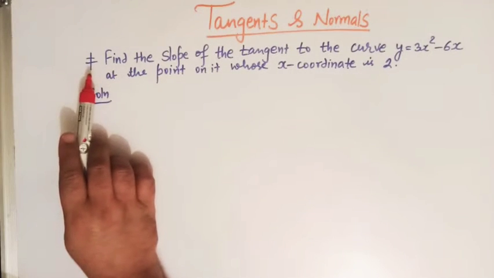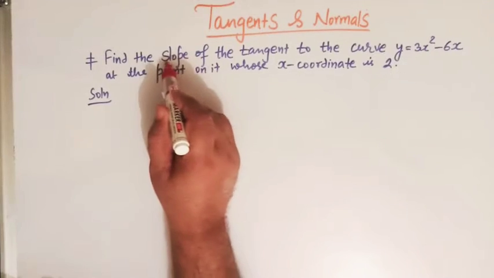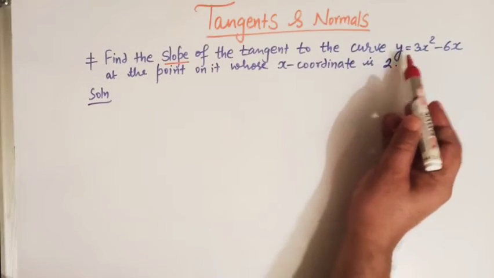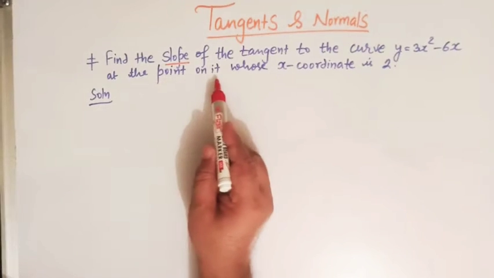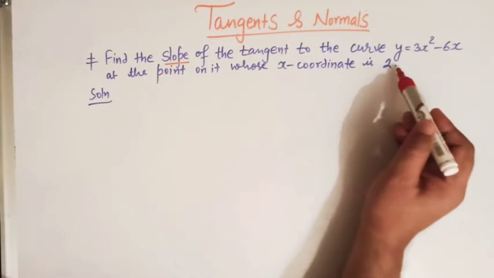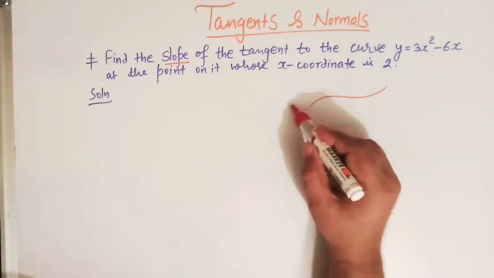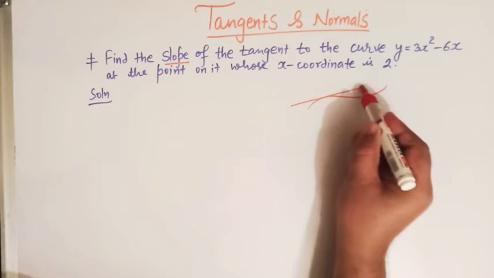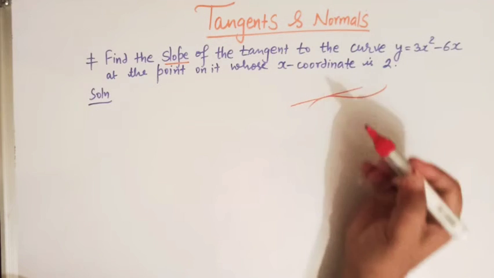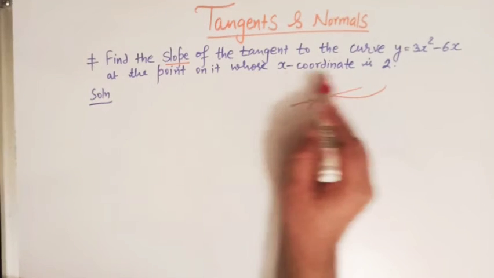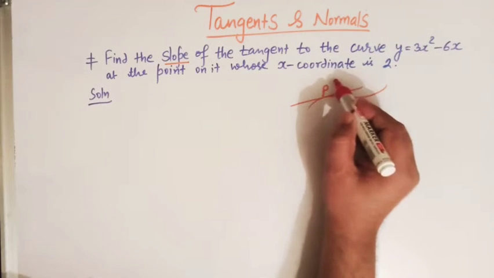So the first problem is: find the slope of the tangent to the curve at the point on it whose x coordinate is 2. Now here suppose this is the curve and we have to find the slope of the tangent at this point. Say this point is P and whose x coordinate is 2, right?